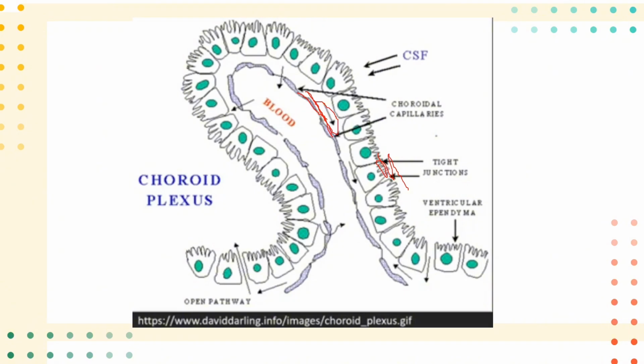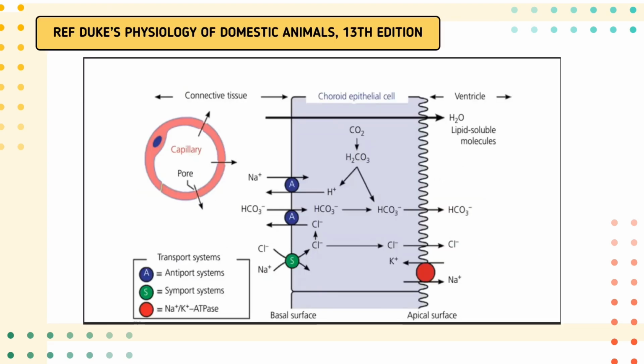So for the next slide, let us see what are the transport mechanisms in the epithelial cell that occur during the formation of CSF. Here we have the blood capillary or fenestrated capillary. These are the tiny blood vessels that contain pores, also known as windows, which increase the flow of nutrients, waste, and other substances.